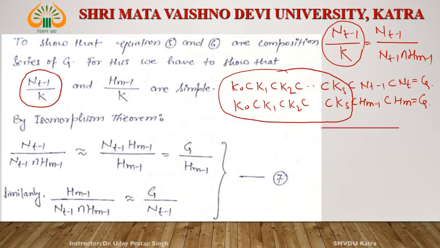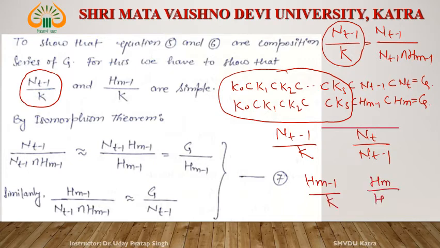Then N_{t-1} by K is one factor group, and Nt by N_{t-1} is another factor group. From the second series, H_{m-1} by K is one factor group, and Hm upon H_{m-1} is another factor.